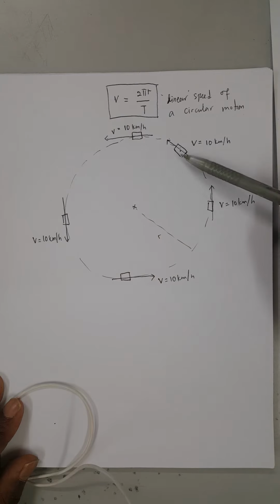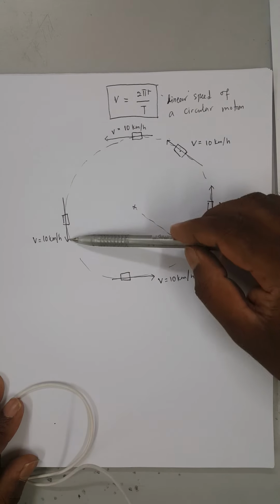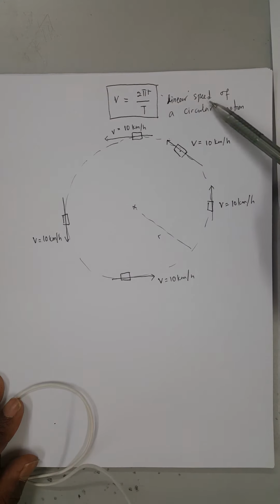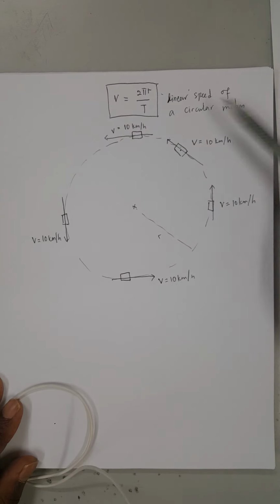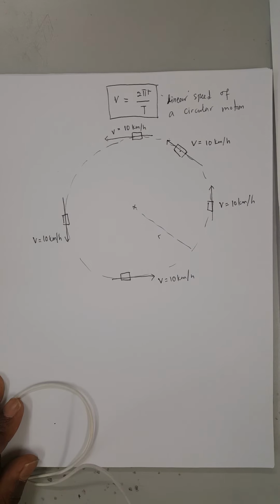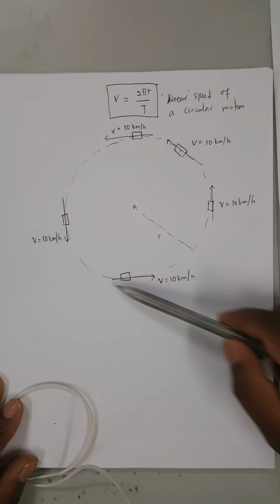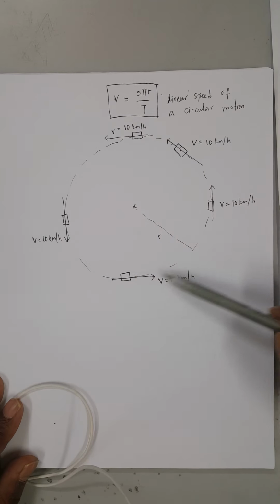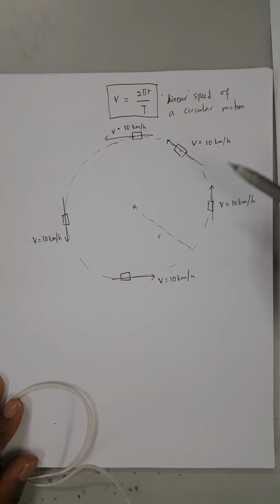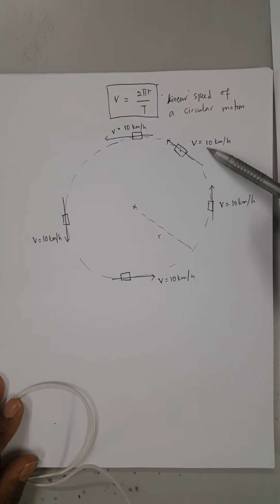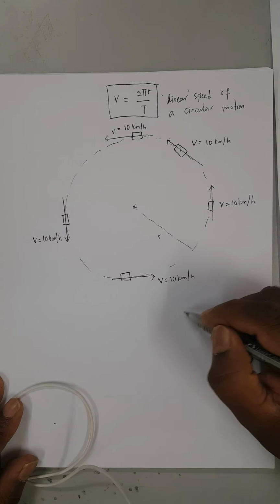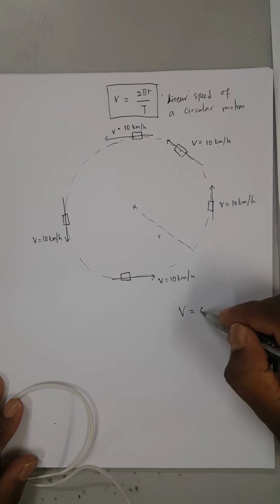At each point it's moving in a straight line, so we call that a linear speed, but the car is moving in a circle, so we call it linear speed of a circular motion. It is moving at a tangential speed at constant speed, so you can see 10, 10, 10, 10, 10. The v is constant.